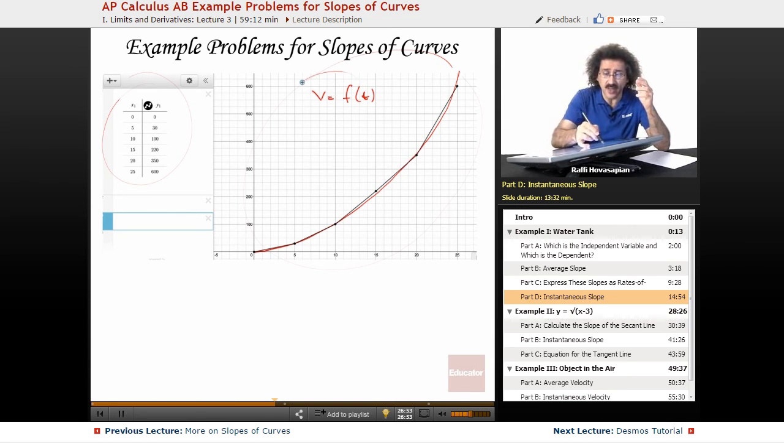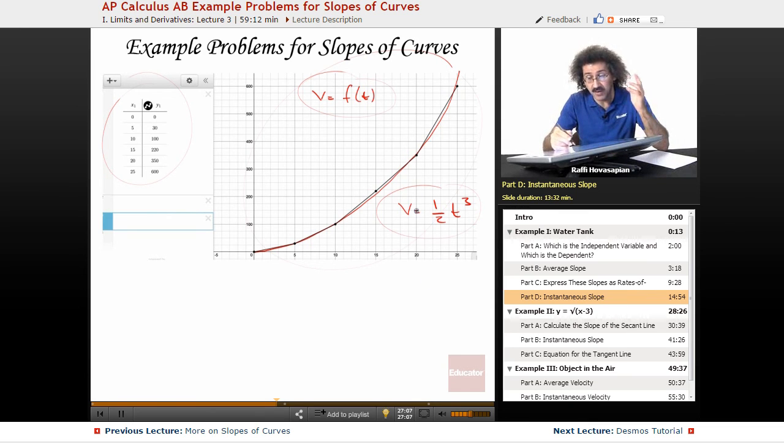Or the third way is actually given an explicit function. For example, this could have been v equals 1/2 t cubed, something like that. That's an explicit function of volume as a function of time that passes. So you could be given a table, a graph, or an explicit function.